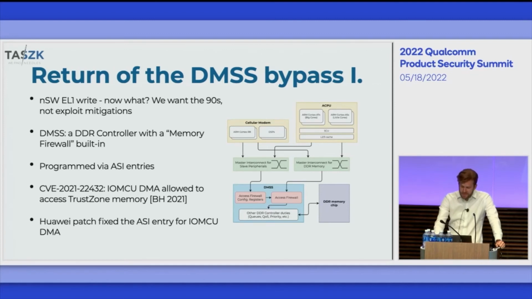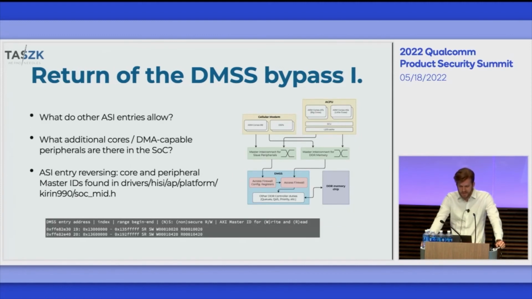But that particular thing was fixed. So after Black Hat, that particular DMA couldn't have been useful for us. However, obviously the question was, okay, we had particular luck with that DMA peripheral, but how about all the other ASI entries? And how about all the other parts of the SoC, other cores or other peripherals?